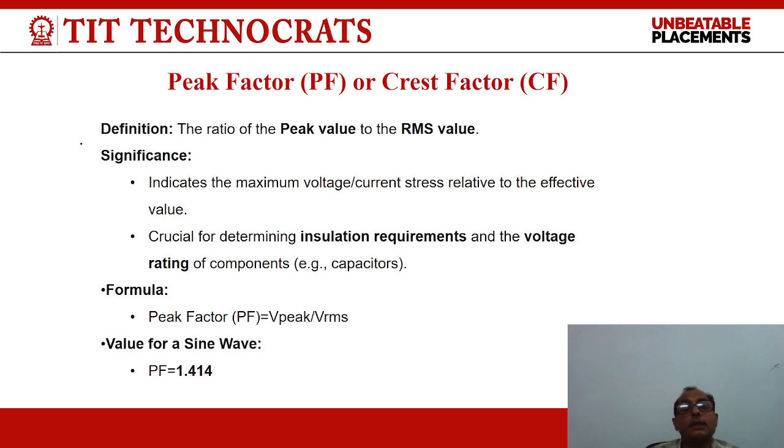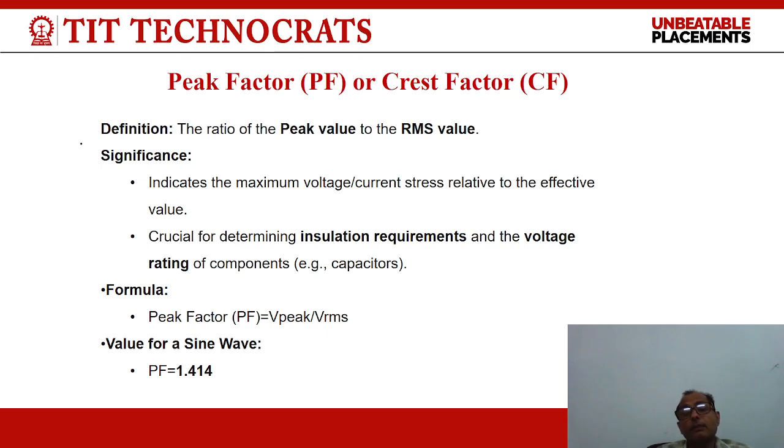The third definition is of peak factor or crest factor. The definition of peak factor is the ratio of peak value to RMS value, which means peak value divided by RMS value, that is peak divided by 0.707 multiplied by peak value.